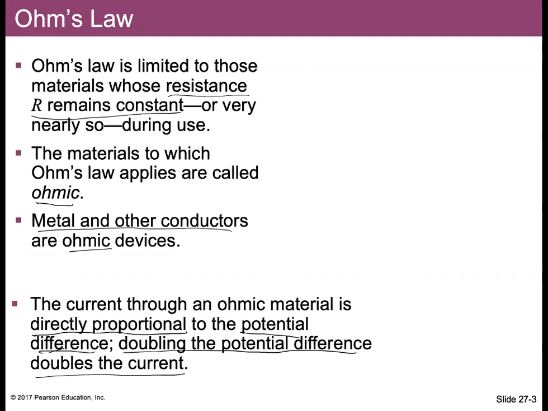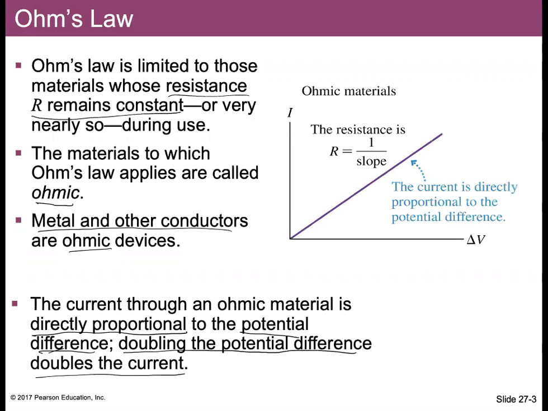They're directly related. If we plot the current on our y-axis and our delta V on our x-axis, we know that our current equals 1 over R times delta V. Since I, our current, is our y in this case, and delta V is our x, 1 over R is the slope of our line.